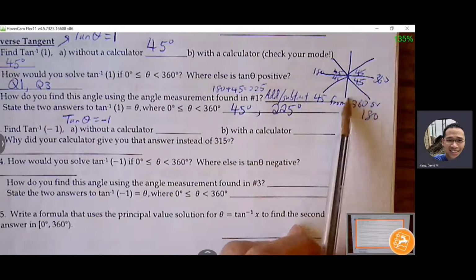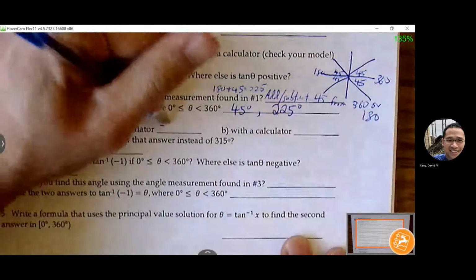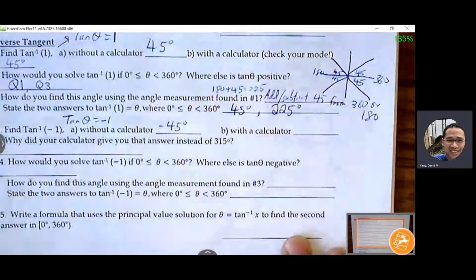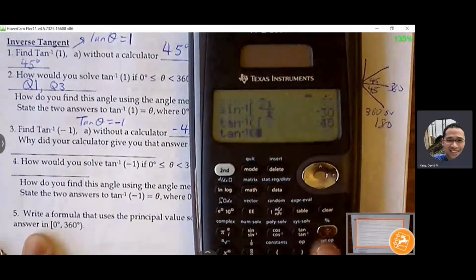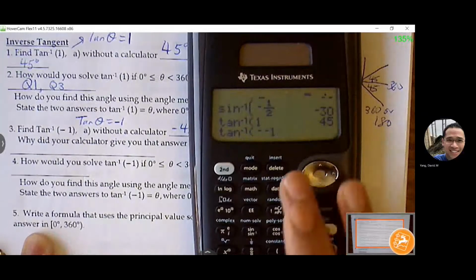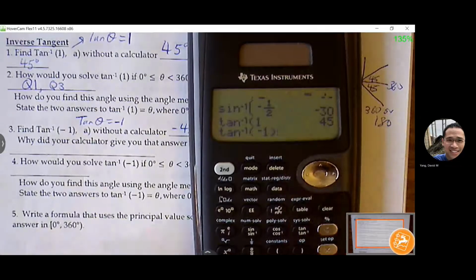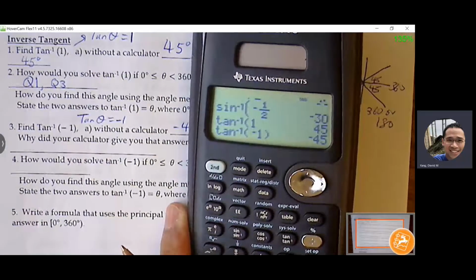Negative, right? -45, anything in the fourth quadrant. Okay, let's double check that, see if we get that in our calculator. Yeah, principal values.